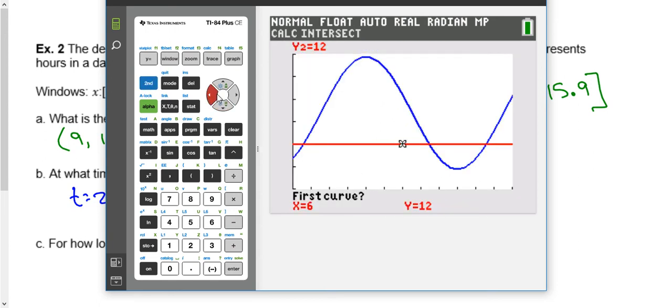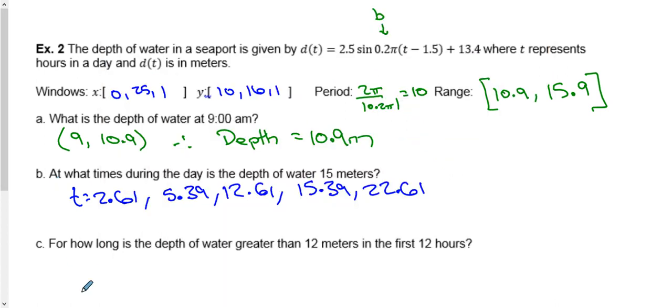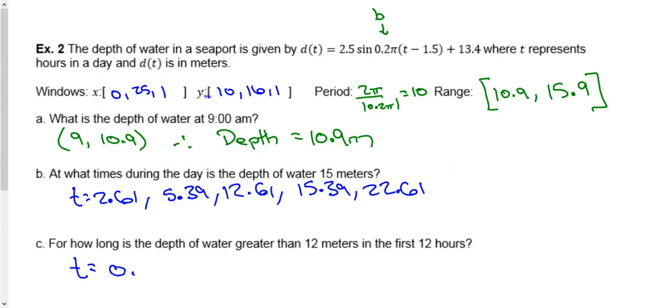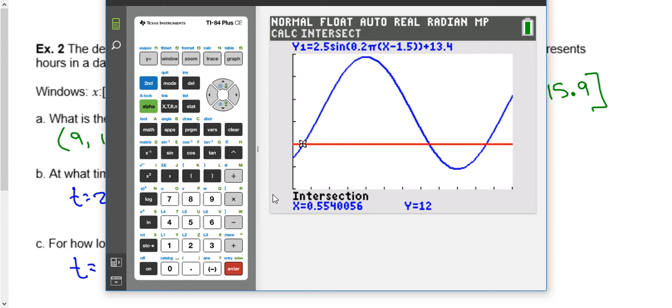And again, I hit my up and down arrow because I want to move my cursor, and sometimes it's a bit faster just moving it linear. There we go, our first one here. So really quick, our time here is 0.55. So for how long is the depth of water greater than 12? We're greater than 12 starting at 0.55, and then we need to find this one here.